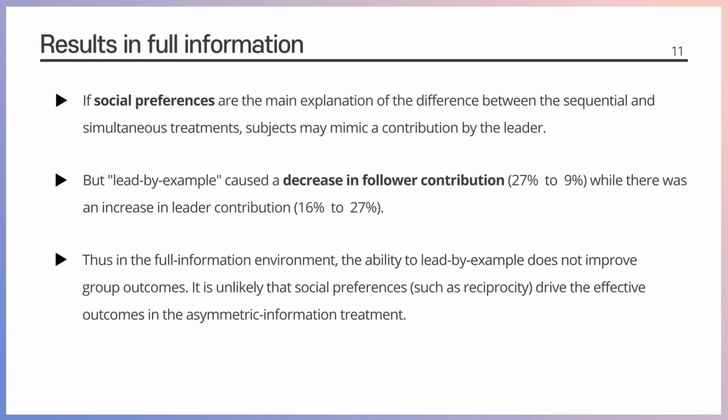Lead by example caused a decrease in follower contribution, 27% to 9%, while there was an increase in leader contribution. Thus, in the full information environment, lead by example does not improve group outcomes. That means it is unlikely that other explanations drive the effective outcomes we found in the asymmetric information treatment.